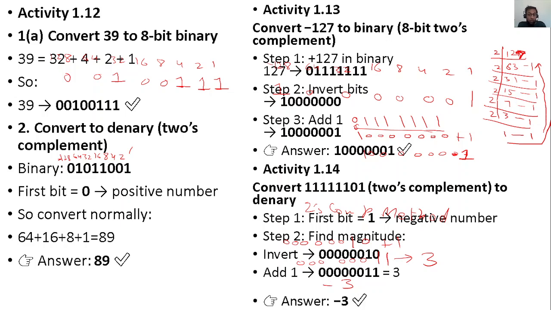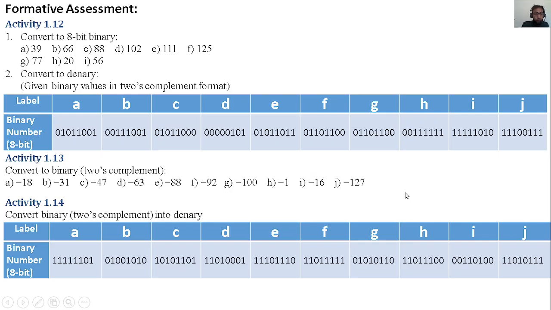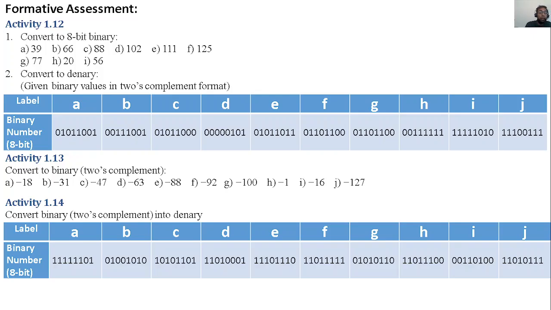So this number is representing minus 3. How did we check it? We took the 2's complement of it and then converted it to a denary number. That denary number is representing positive 3. So this 2's complement number is representing negative 3. So this is the exercise that all the students must do and practice by the methods I've mentioned and taught in my lectures.